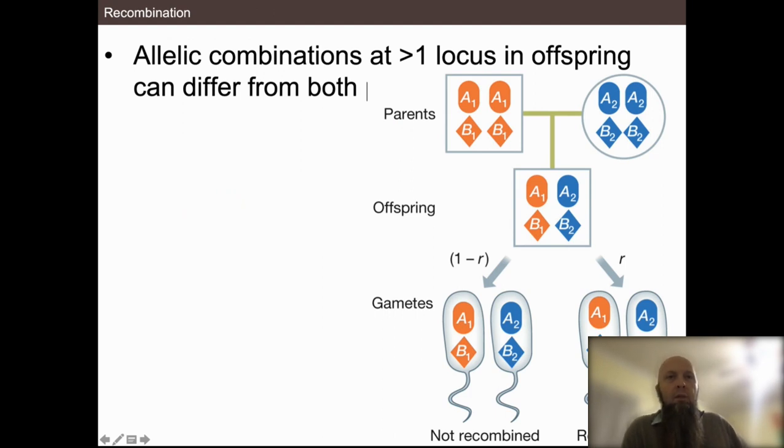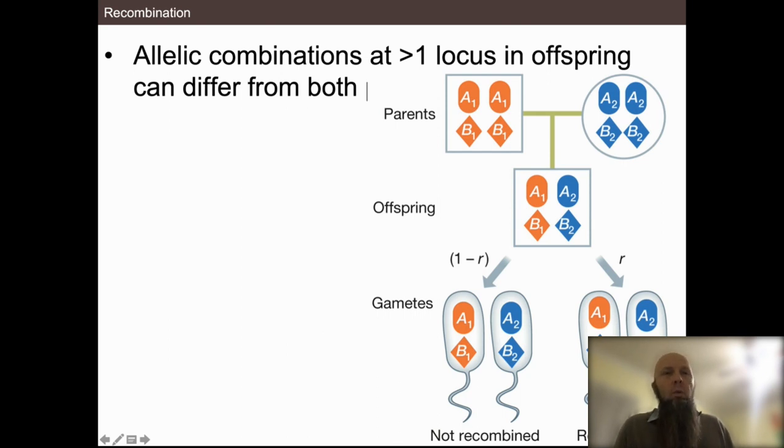So if we think about these allelic frequencies and genotype frequencies changing over time in populations, one of the genetic things that I want you to be aware of is genetic linkage, and the process whereby those linkages can be recombined. Okay?